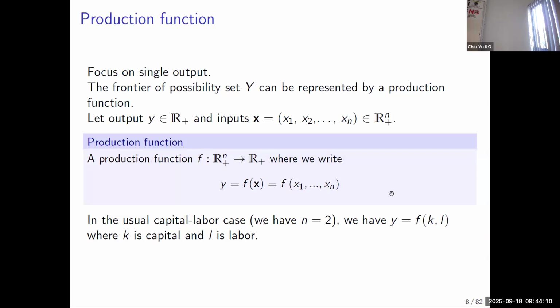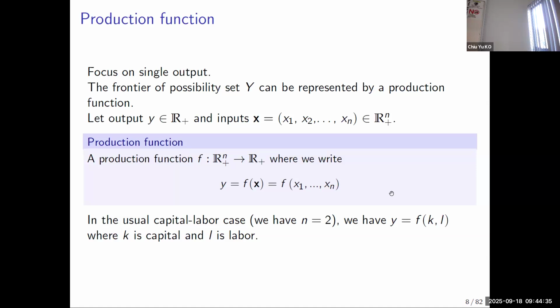We allow free disposal, so you can produce and throw away. That's why we just focus on the maximum you can do, because we allow things to be thrown away. So that is a function, otherwise it would be a correspondence. We focus on the maximum. So suppose you have 1 unit of labor and 3 units of capital, you can produce 5 units of good, for example.